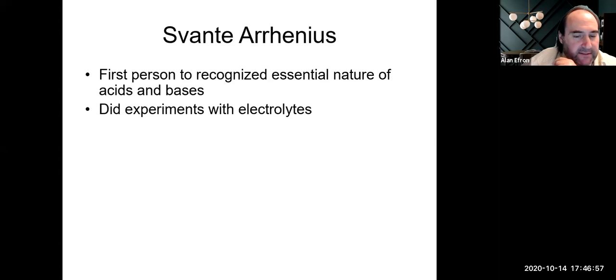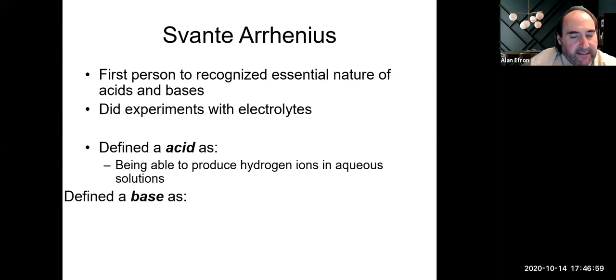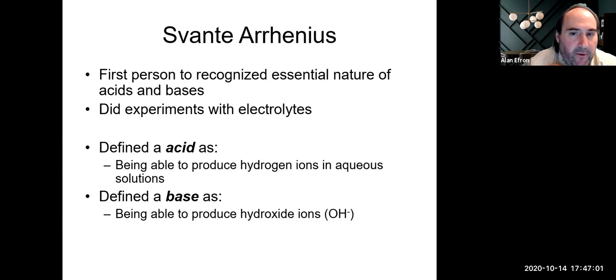So let's talk about some early definitions of acids and bases, and one was done by Arrhenius here. He did a lot of work with electrolytes. Electrolytes, as we've talked about, are again those things that break apart into solution, produce ions, able to conduct electricity. And basically, he defined an acid as something that is able to produce H plus in solution, and a base as something that's able to produce OH minus in solution.